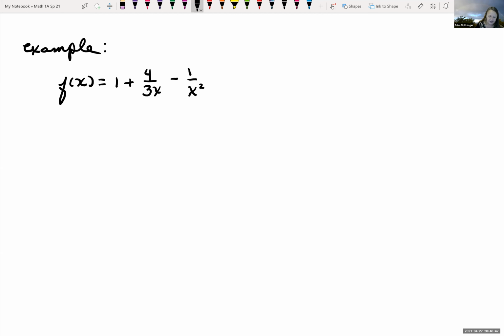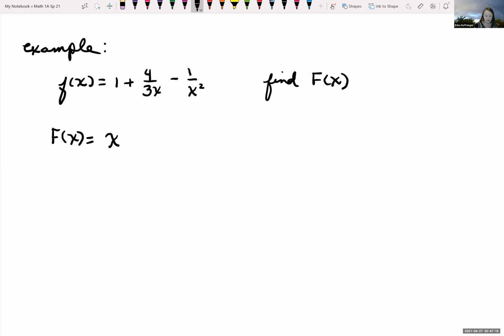And we want to find the antiderivative of f of x. So let's just do it in pieces, ignoring the plus c until the end. So thinking to ourselves, what can we take the derivative of to get back 1? Well, we know the derivative of just x is 1.